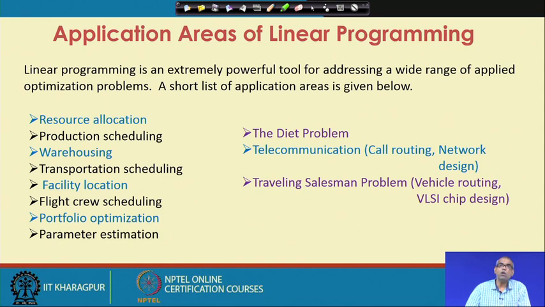In case of facility location, you have certain potential sites for opening certain facilities that will be servicing certain demands. Now, you have to select a set of facility locations from a set of potential sites.